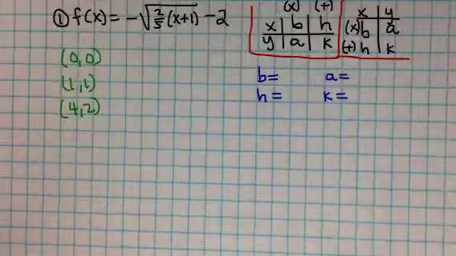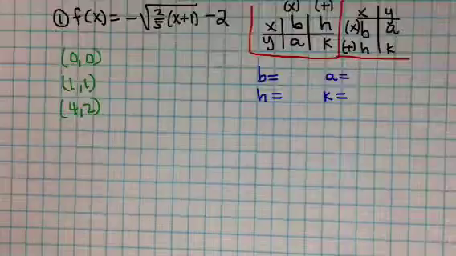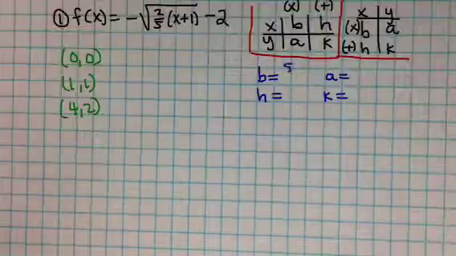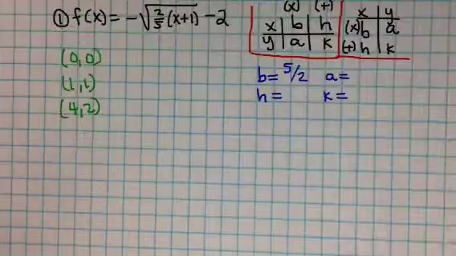So the B value, I look right here. This is 1 over B. So if this is 1 over B, 2/5, then B is the reciprocal of that, which is 5/2. The H, I look right here. This is x plus 1, so that means that H is -1.